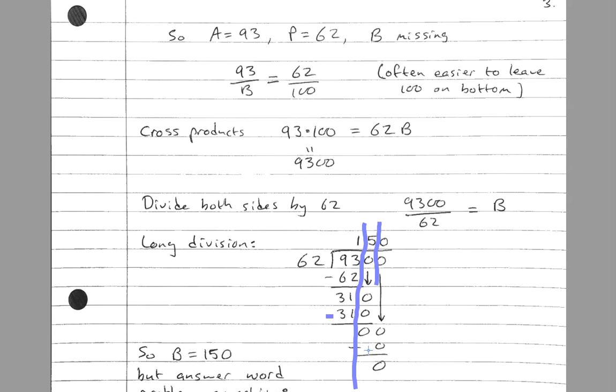No. We still have a 0 to bring down. 62 into 0 goes 0 times, so we have to fill out that last place. 0 minus 0 is 0. So now we do have remainder 0.